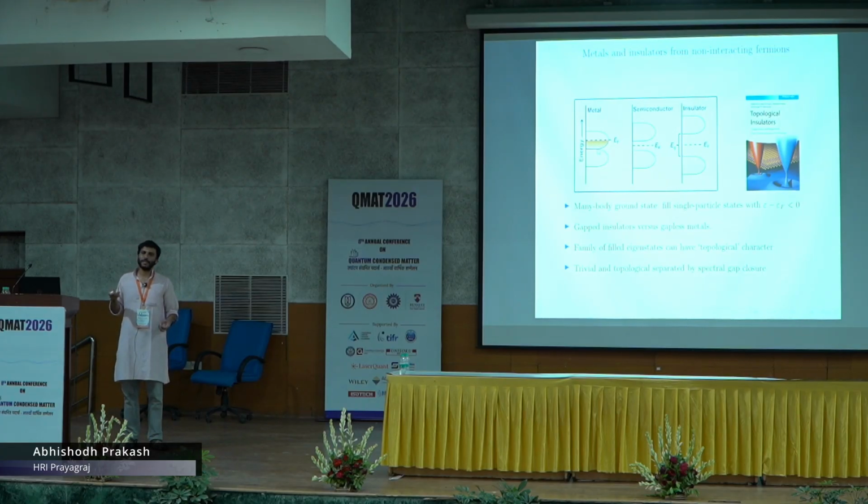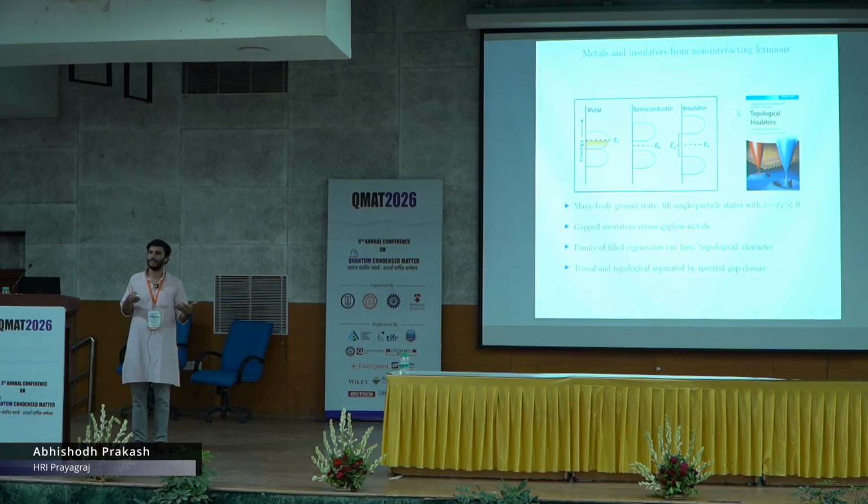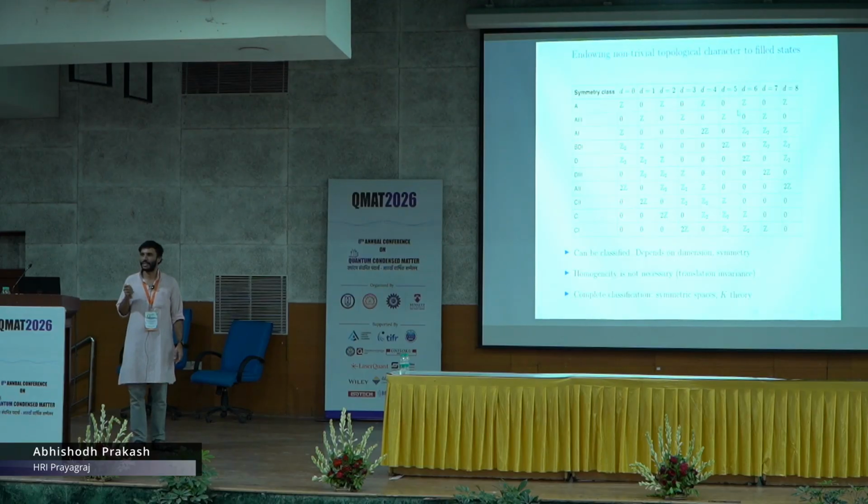But the interesting thing about the last couple of decades is that we understand that even when you have a single filled band, the filled band could have various distinct topological characteristics which result in distinct phases of matter, the most famous one being topological insulators. And if you want to change the way in which topology is imprinted on the band, it has to necessarily undergo a bulk gap closure, in other words, a phase transition.